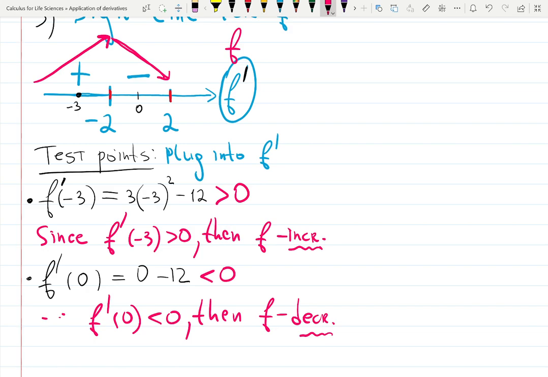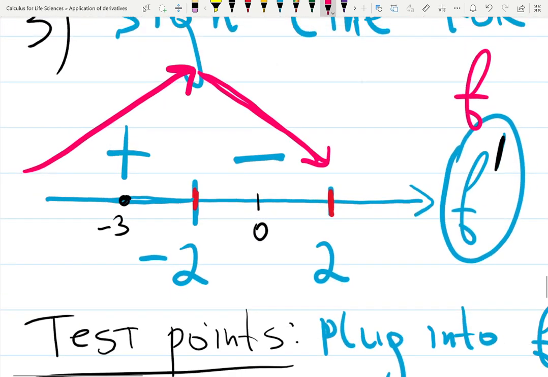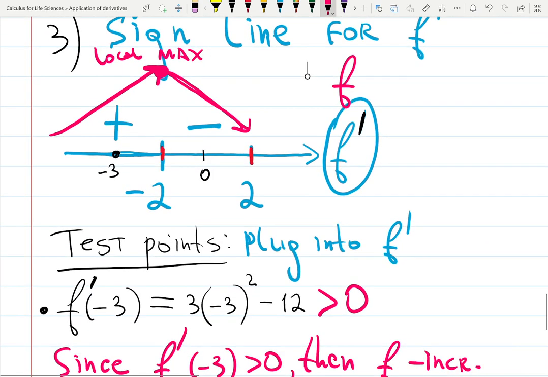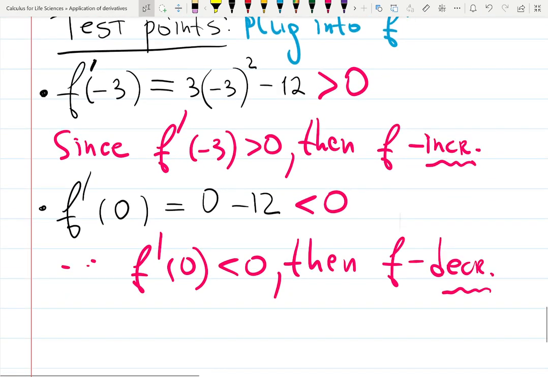This is hard. I don't like memorization. Visually, you see this is the top of the mountain, right? So this is a local maximum. Nice. That's why I like this notation a lot, because visually you don't have to memorize it. From plus to minus, increasing, decreasing, what is that? Top of the mountain, that is a local maximum.